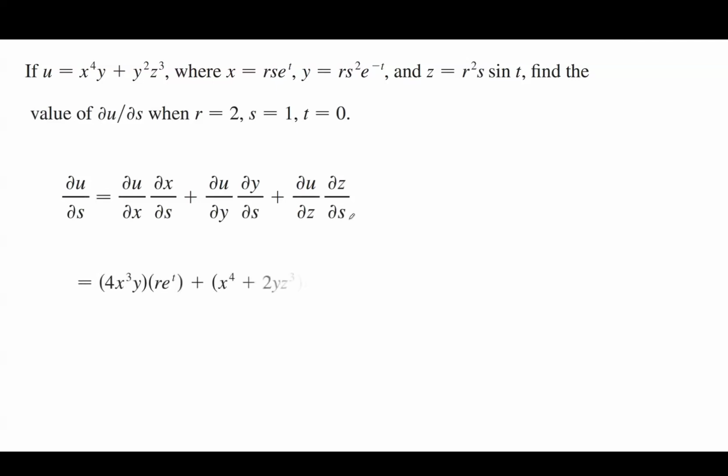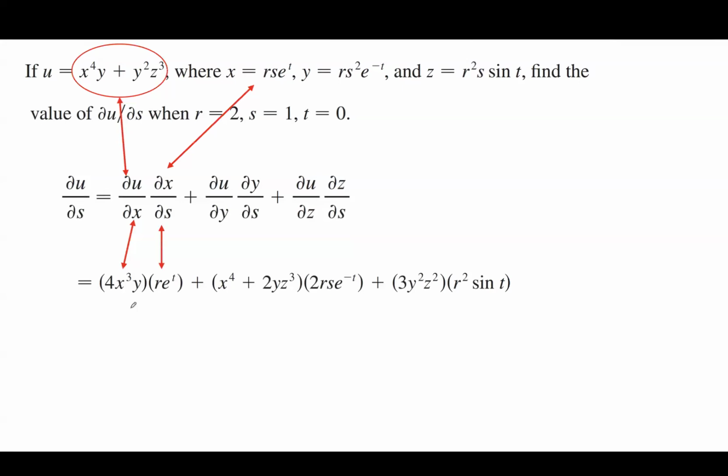This becomes 4x cubed y times r e to t, plus x to the 4th plus 2y z cubed times 2rs e to the power negative t, plus 3y squared z squared times r squared sine t. This is my u. When I take the derivative with respect to x, it becomes 4x cubed y, and since the second term doesn't have any x in it, it becomes 0. So you have 4x cubed y times the partial derivative of x with respect to s, which is r e to the power t.